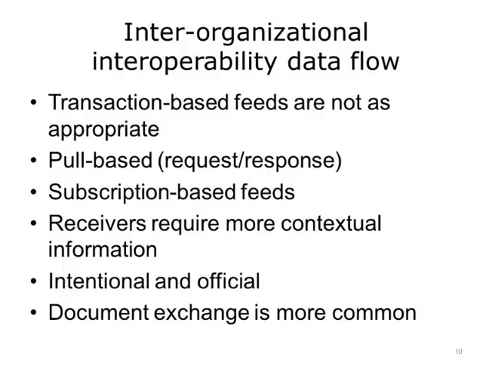Also, receivers often require a lot more information sent because they have less historical context for specific patients. Recall that when a lab receives an order for the intra-organizational setting, it already knows a lot about the patient from the patient administration system. However, in the inter-organizational setting, the lab does not know anything about the patient. It does not receive a feed of patients from all of the doctors that send orders to it.